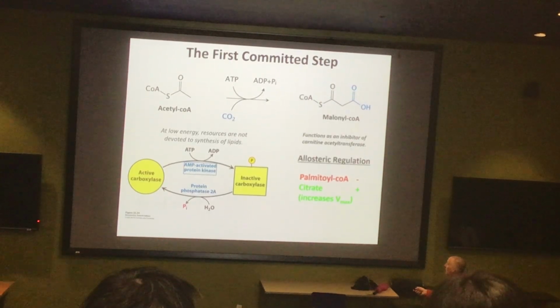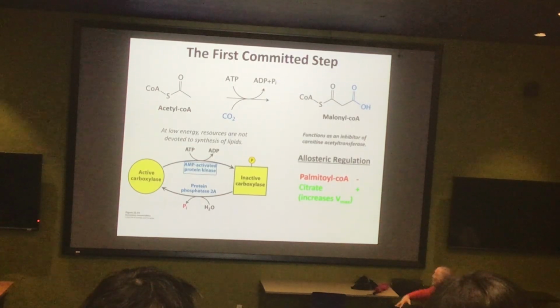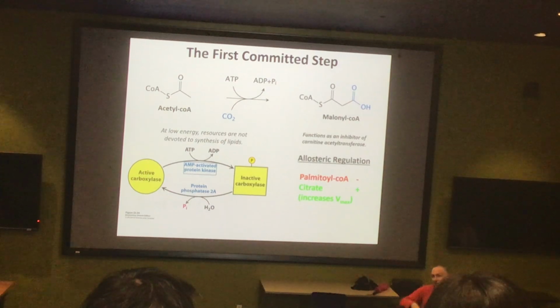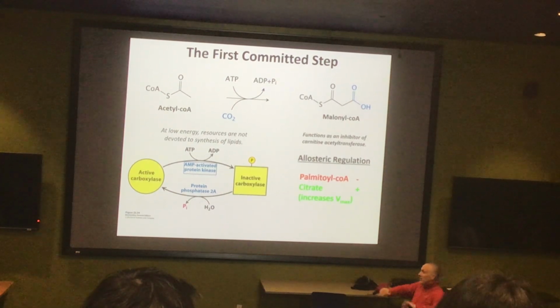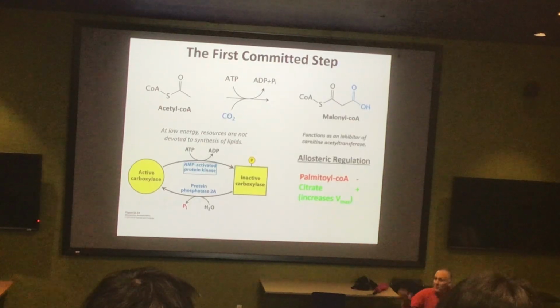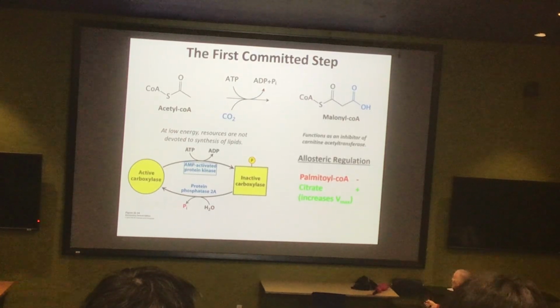The kinase that's going to add the phosphate group is the AMP activated protein kinase, not protein kinase A. Right? This is the AMP activated kinase. This is the signal of low energy status. Remember, this is the one that gets activated by AMP when your ATP stores have been depleted. If your ATP stores have been depleted, there are a lot of really good reasons not to be investing energy into making lipids, so it will phosphorylate the carboxylase.